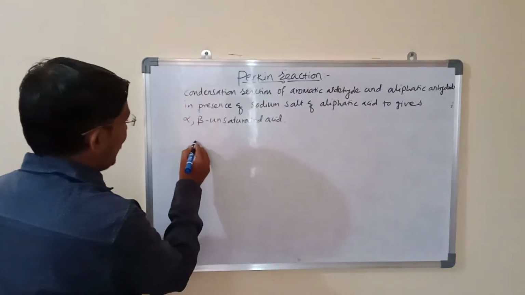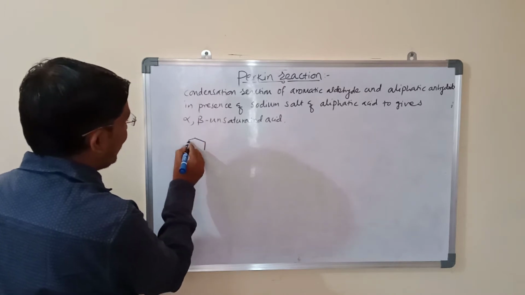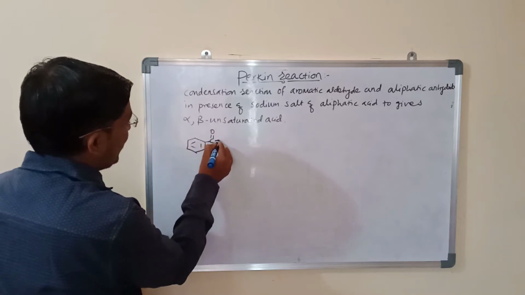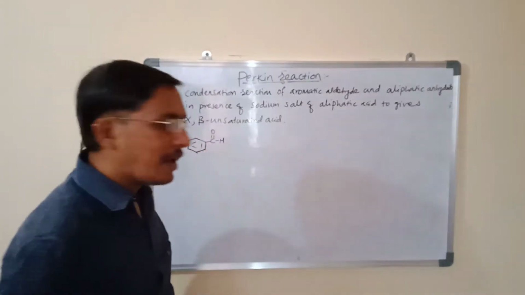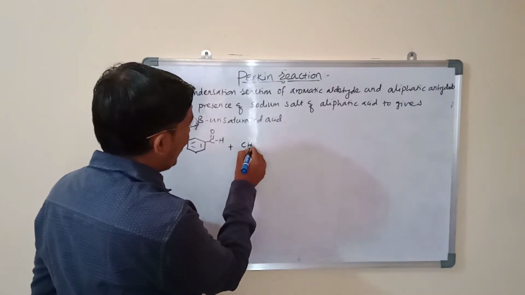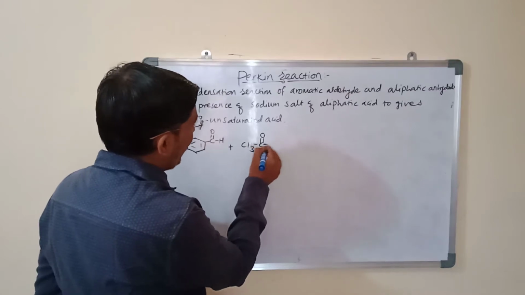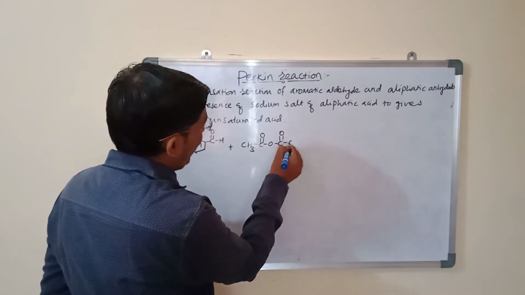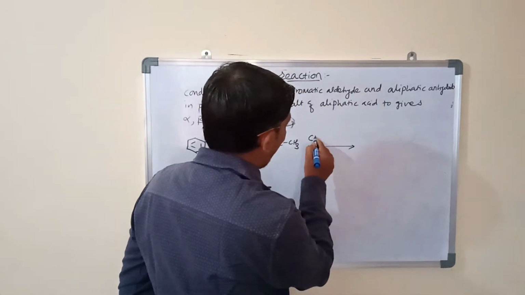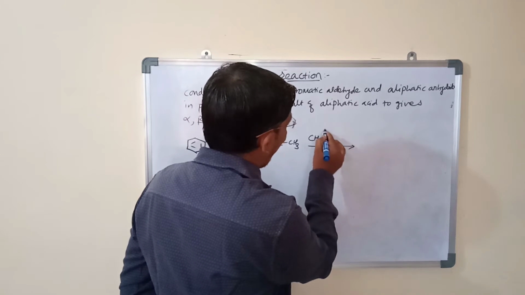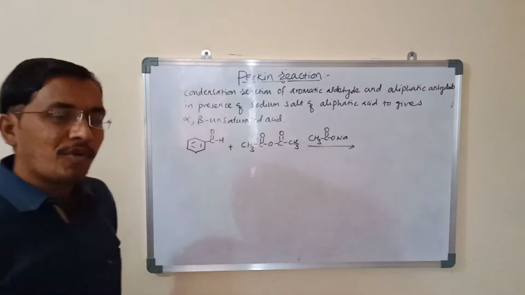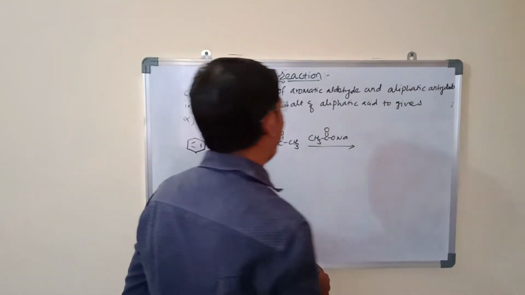Here, as the example, an aromatic aldehyde, that is benzaldehyde, is treated with an aliphatic acid anhydride, for example acetic anhydride, in the presence of the sodium or potassium salt of that aliphatic acid.